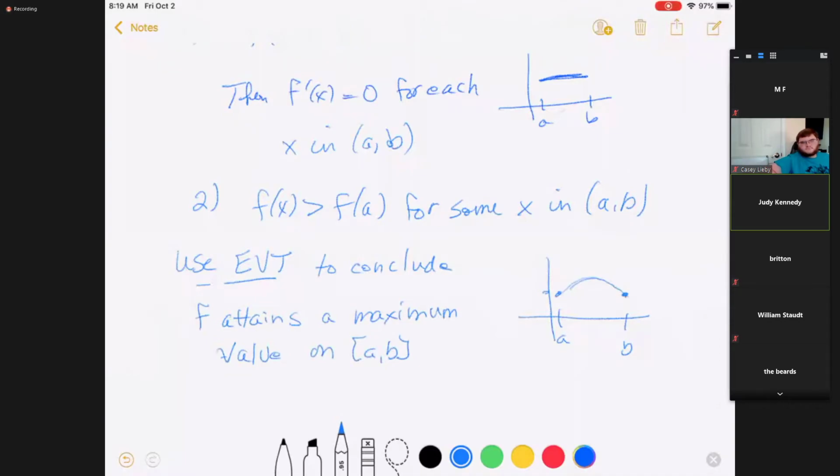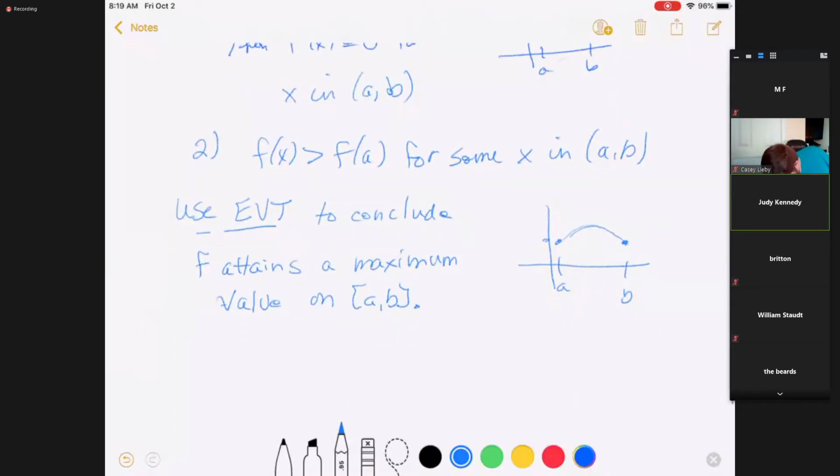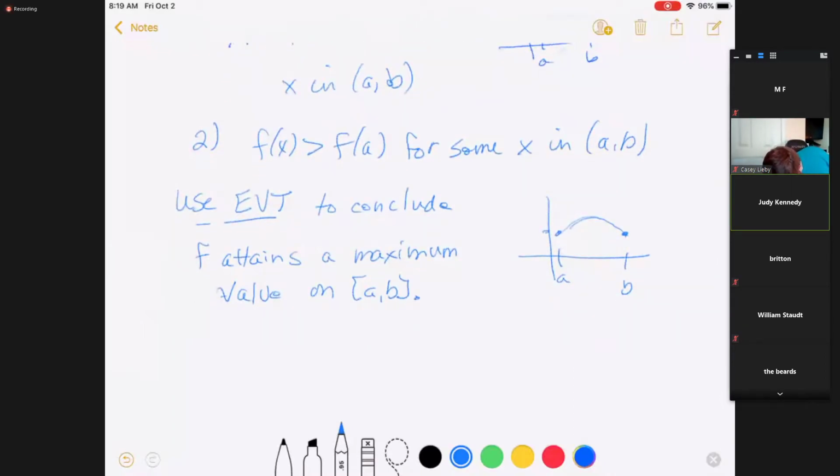Okay, so we get the fact that we have an absolute maximum in there. Let's see.